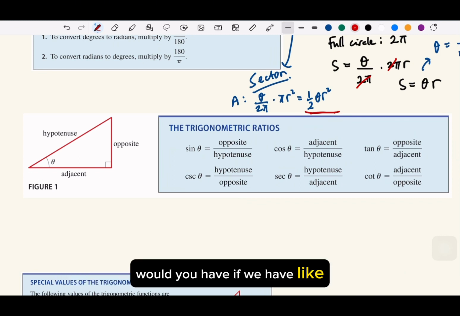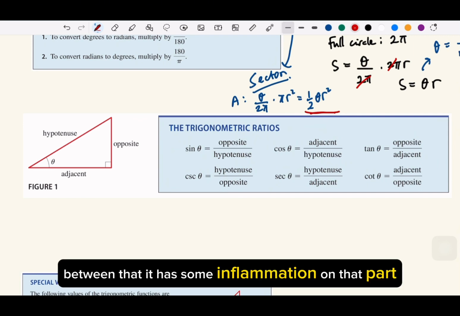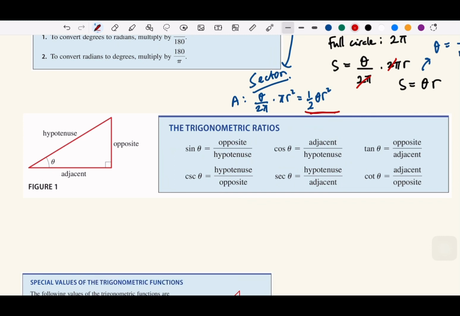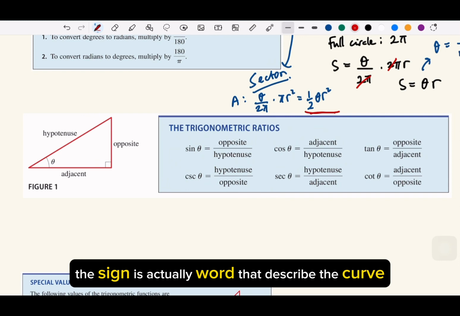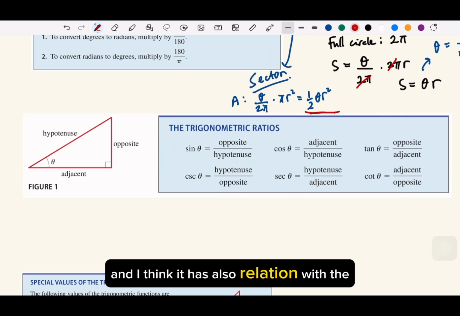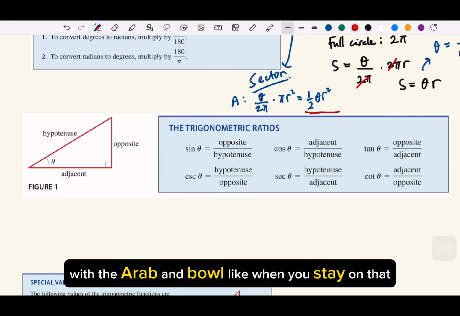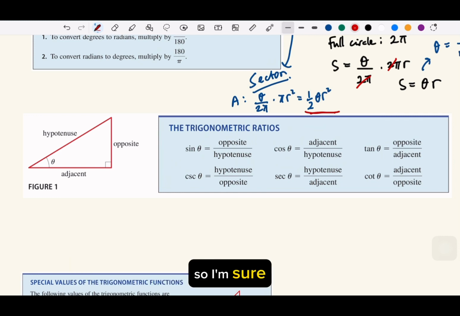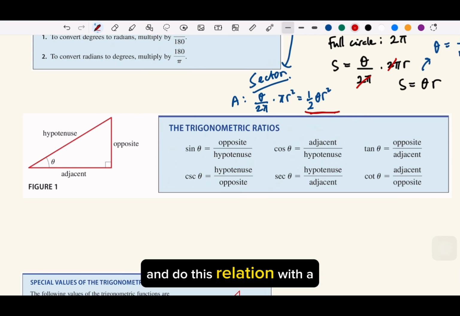If we have some anomaly, sometimes the phlegm is stuck in there, and we call it sinusitis, which means there is some inflammation on that part. Basically, sine is a word that describes the curve. I think it also has a relation with the arrow and bow when you play with that. So I'm sure the Indians were the first ones who invented this relation.